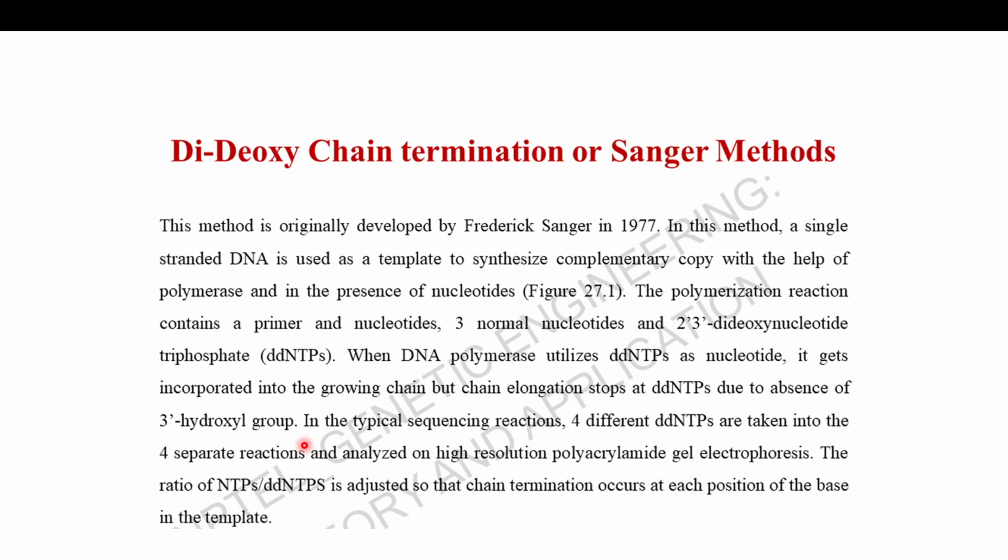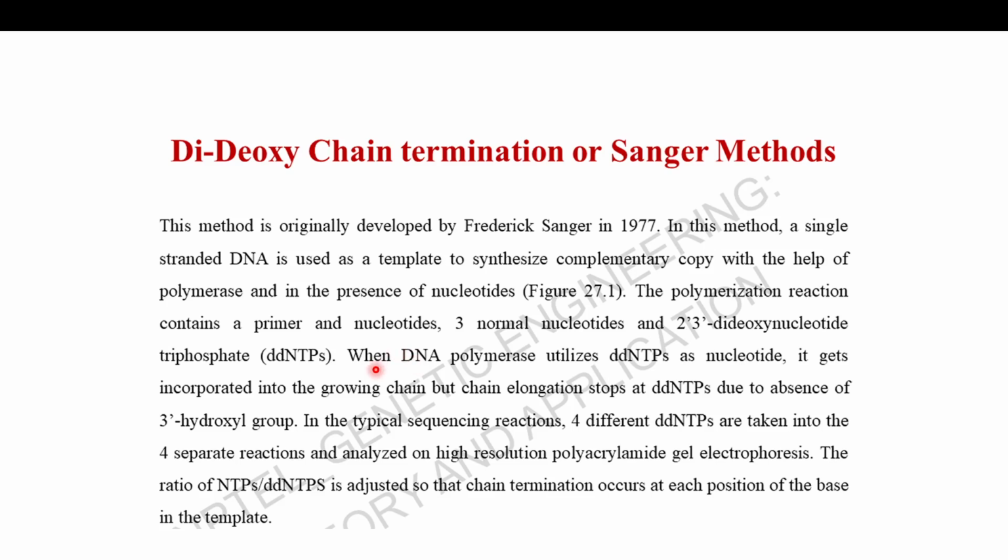So that's where the chain polymerization terminates. The chain can't extend if at any point a ddNTP is incorporated, right? In a typical sequencing reaction, 4 different ddNTPs are taken into 4 separate reaction tubes and then analyzed on polyacrylamide gel electrophoresis.